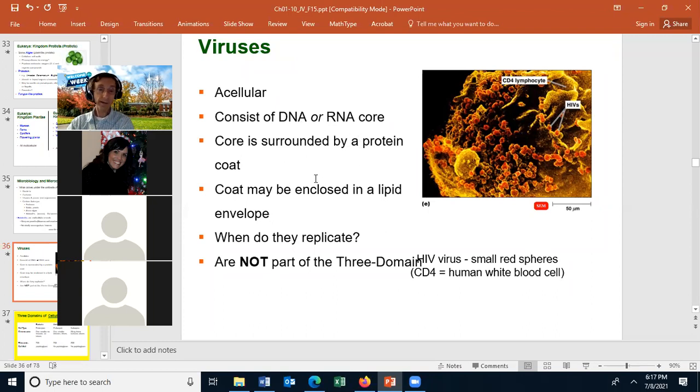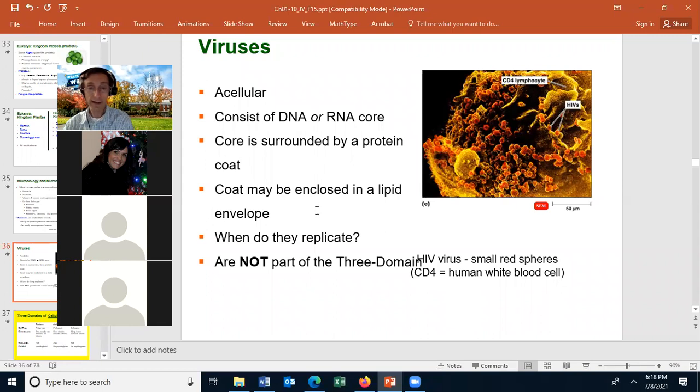Some viruses may have the coat enclosed in a lipid envelope, but not all viruses have a lipid envelope. And when does a virus replicate? It's really only metabolically active when the virus is inside of its host cell.